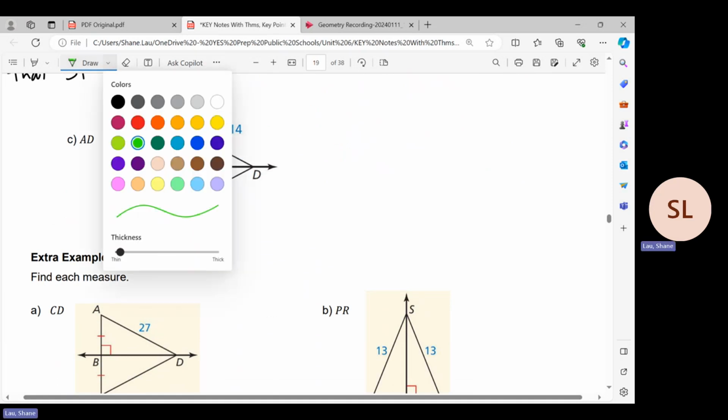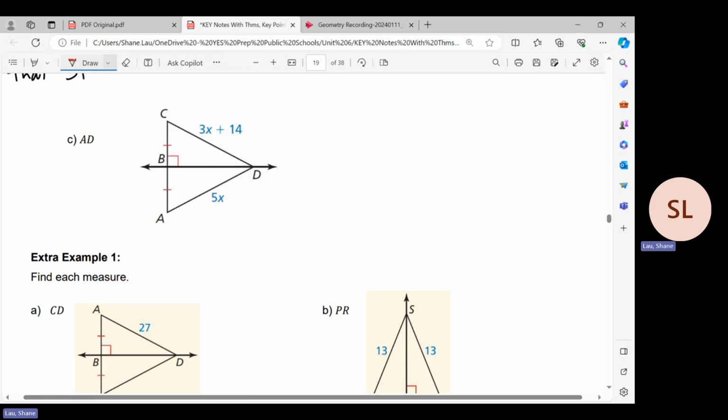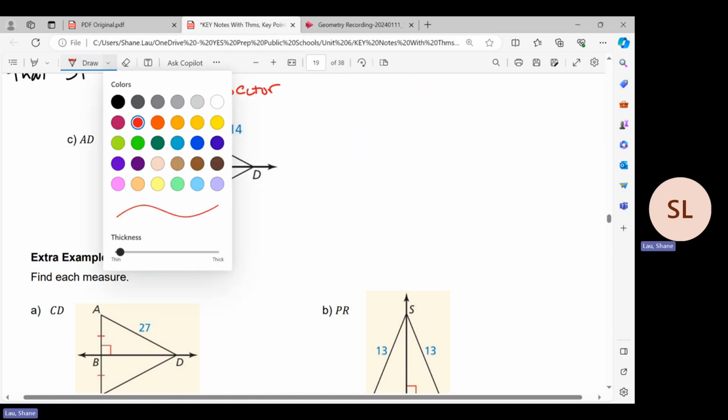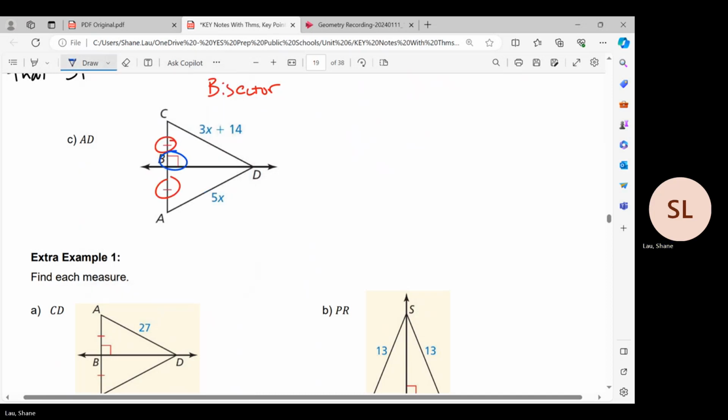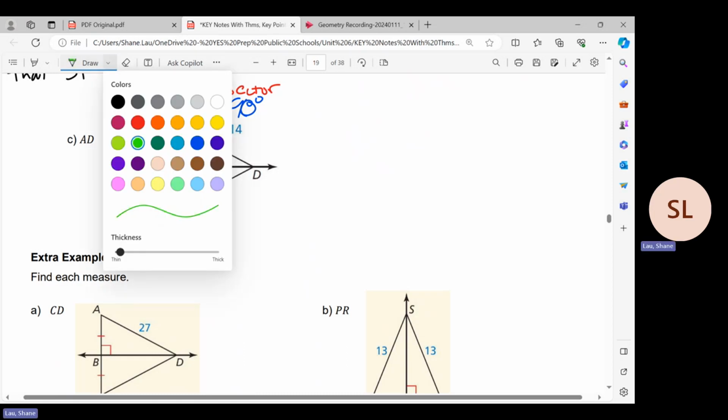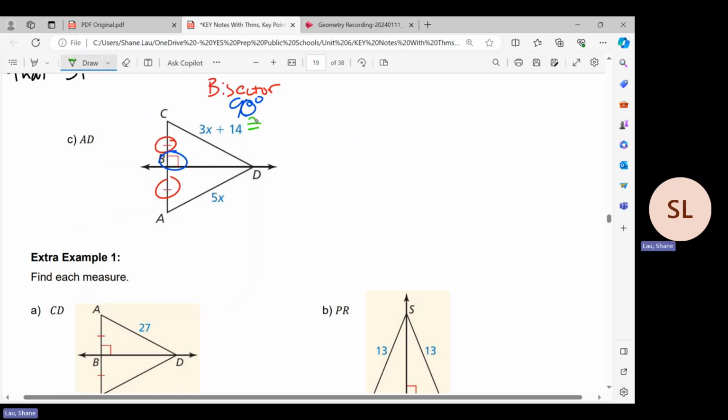This is eerily similar to part A. Recognize we have our bisector. We have our 90 degrees. And we're looking for those two congruent sides.